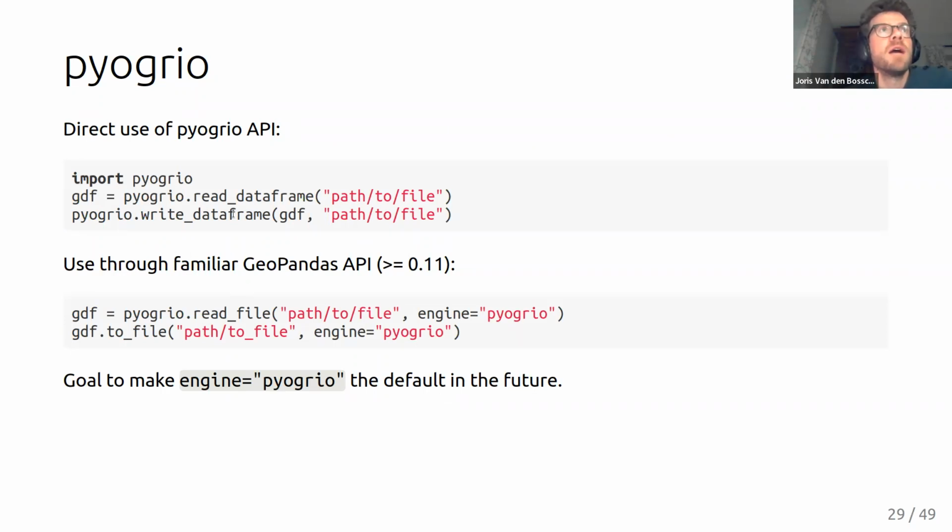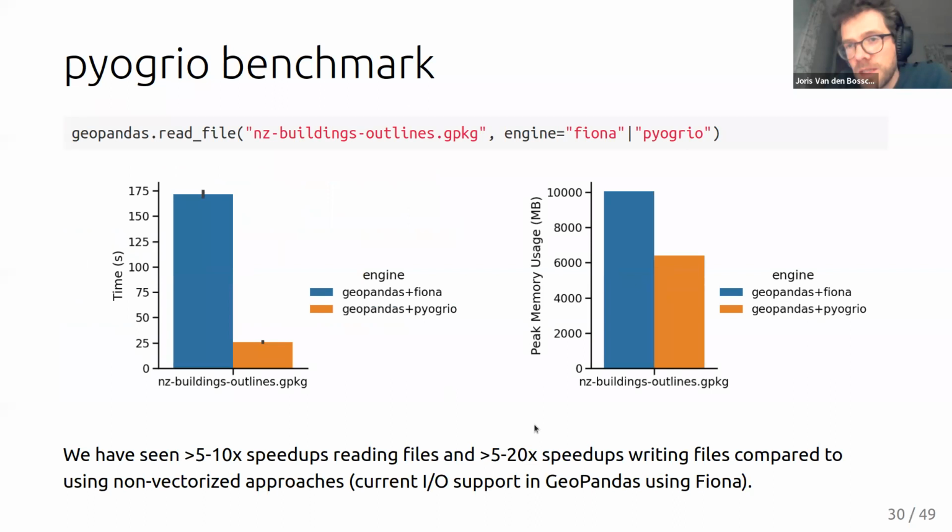You can use it directly, or you can use it through the familiar pandas API using read_file and specifying the engine pyogrio. And then if you use this, you will see that it can give you a very nice speed up for reading large shapefiles, large geopackage files.